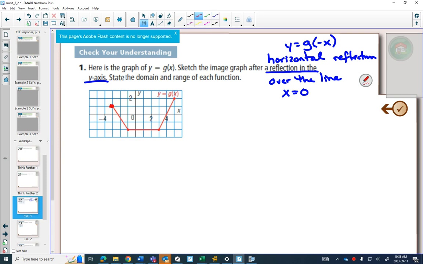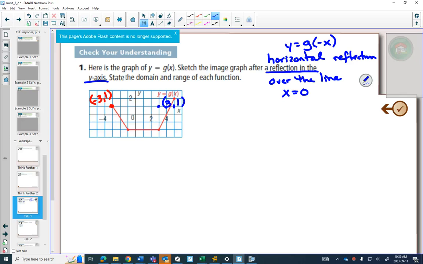I might take this point and go, okay, that's going to get flipped over to here. What is happening is that my x-coordinate, which was -3, 1, my x-coordinate is getting multiplied by a negative. So my x-coordinate is at 3, 1. I'll just do that with the 1 point.